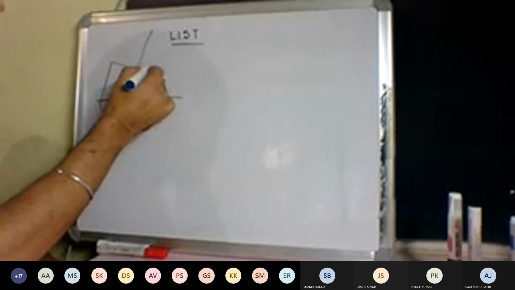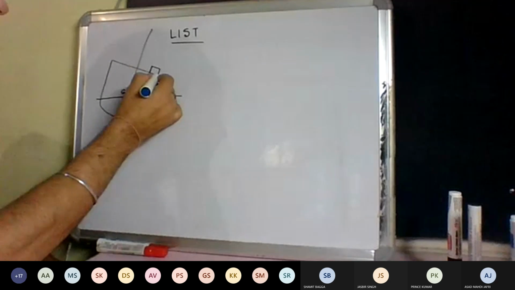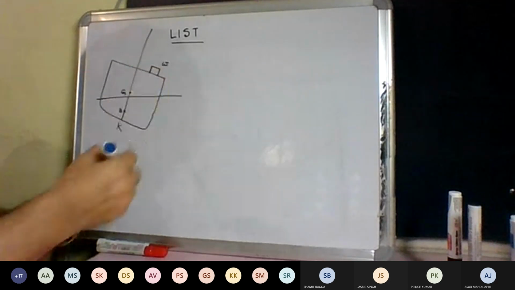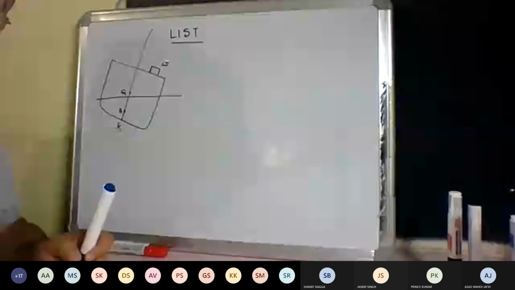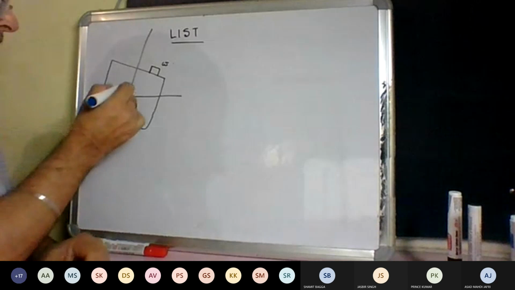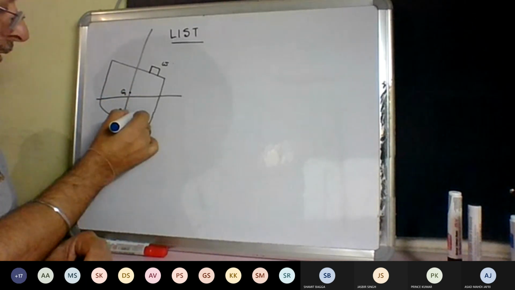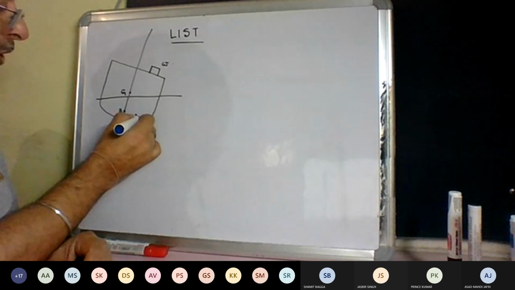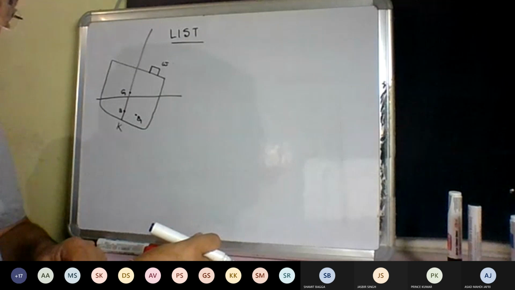So when the weight is loaded in a transverse direction, this is the weight W, which is loaded transversely. As a result of that, a lever gets created. First of all, the buoyancy B will shift towards the inclined side, towards the loaded side or shifted side.